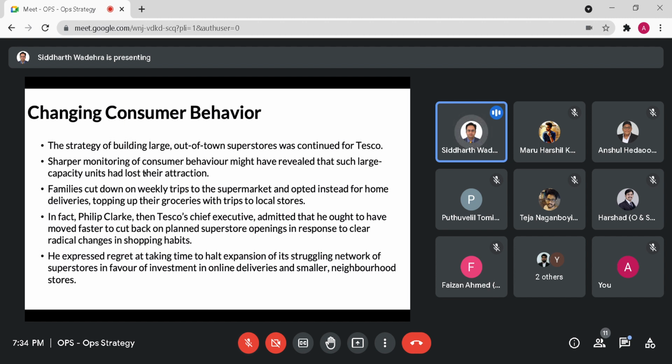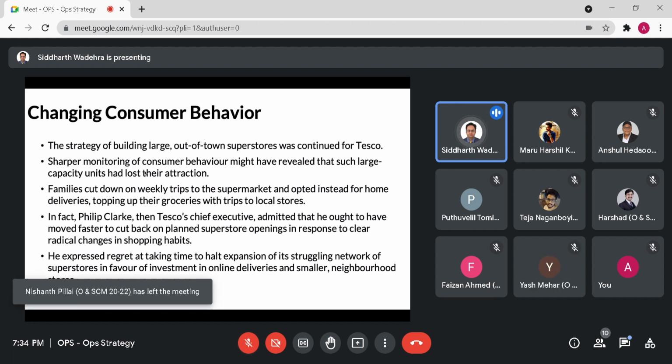Only after that were the CEO and the executive management able to take charge and say, hey, this is something we should have stopped much earlier, and we should have really focused on either home deliveries or opening smaller superstores, or whatever else would make sense from an operation strategy perspective, but not so much on what they were doing and what had made them successful for such a long period of time.